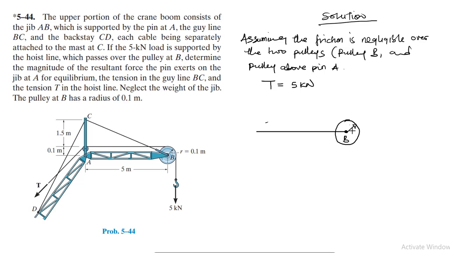And the radius of this pulley, we've been told, is 0.1 meters. Then I expect to have the hoist line going down the pulley like so, and we have the 5 kilonewton load there, and then we have a tension force there which is also just 5 kilonewtons.